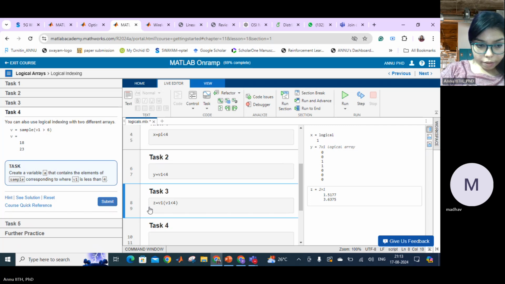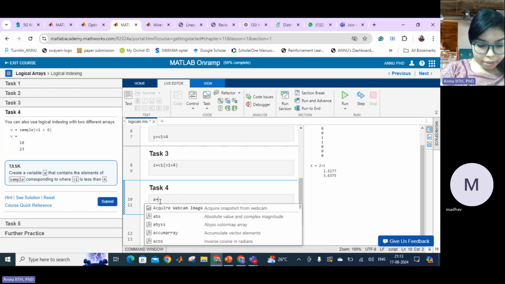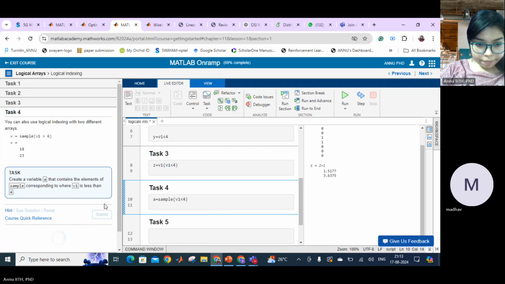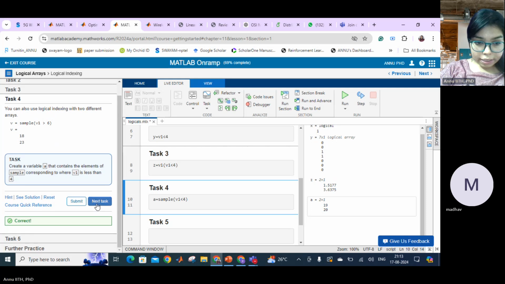Create a variable a that contains the elements of sample corresponding to v1 less than 4. So again, it is correct.